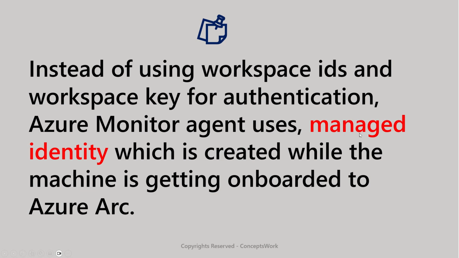But this managed identity is the identity which is created while the machine is getting onboarded to Azure Arc. So AMA uses the managed identity created while the machine is onboarded to Azure Arc, for those machines which don't exist in Azure.